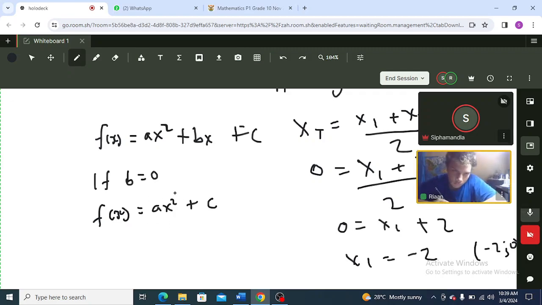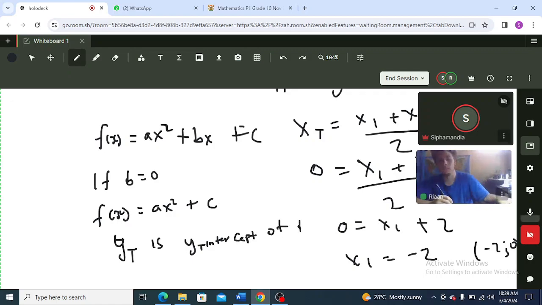Now, in this scenario, you have to know that the yt, which is the y value at the turning point, is the y-intercept of the function.